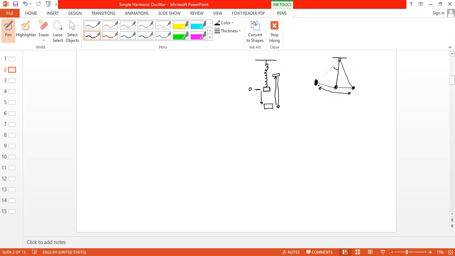The thing is, let's first say this is the equilibrium position, and the natural tendency of every object is to maintain its equilibrium. সবাই তার equilibrium থাকতে চায়, let's say this O is its equilibrium position.